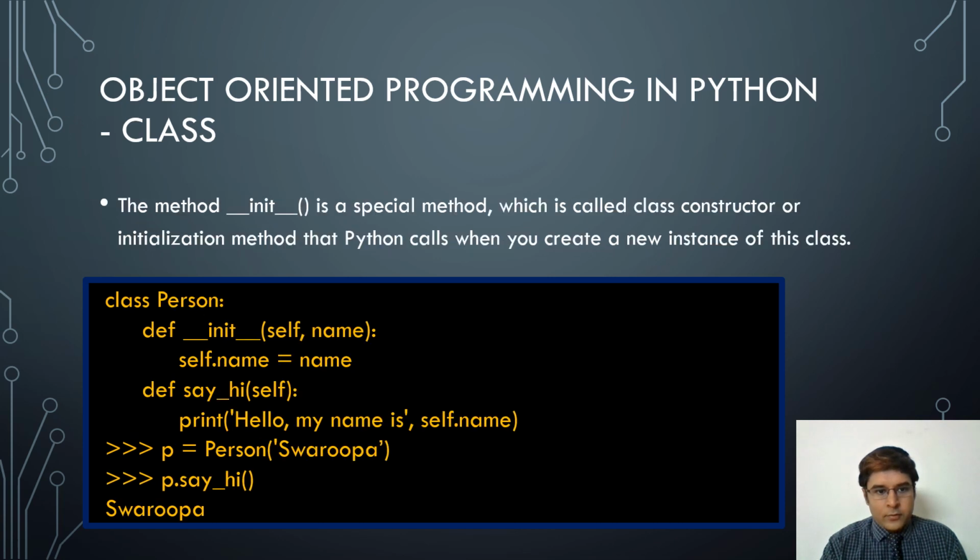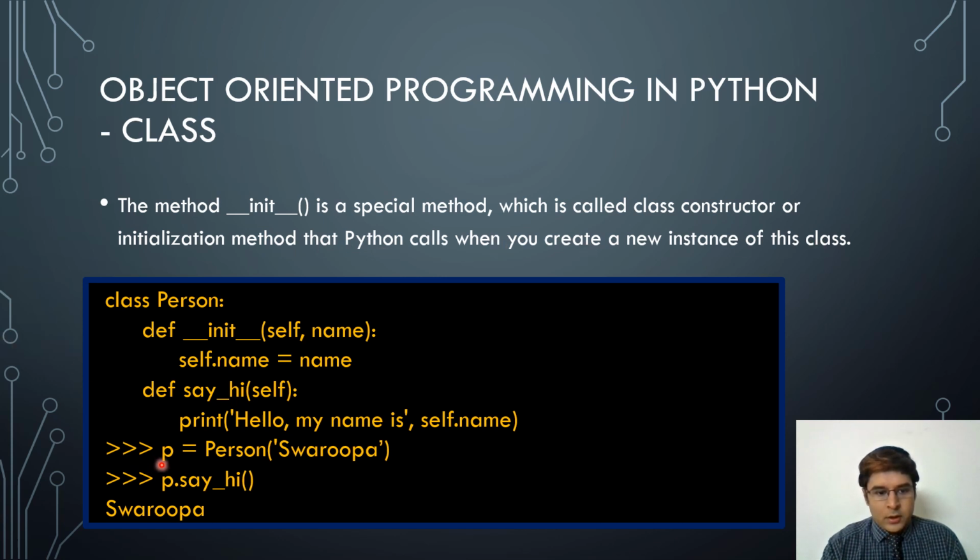So how do we define constructors in Python? We do it with the help of the __init__ function, which is called a class constructor or initialization method that Python calls when you create a new instance of this class.